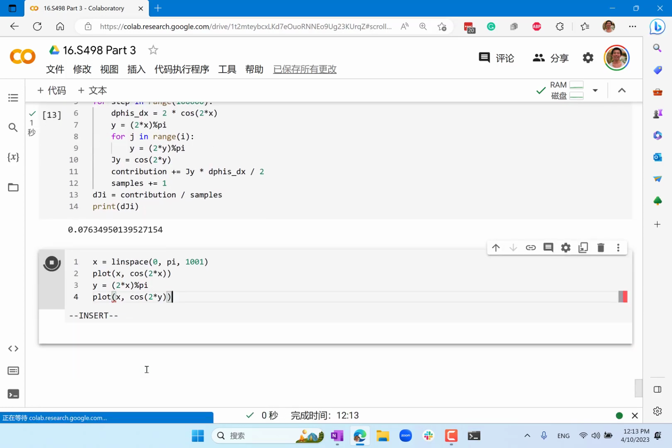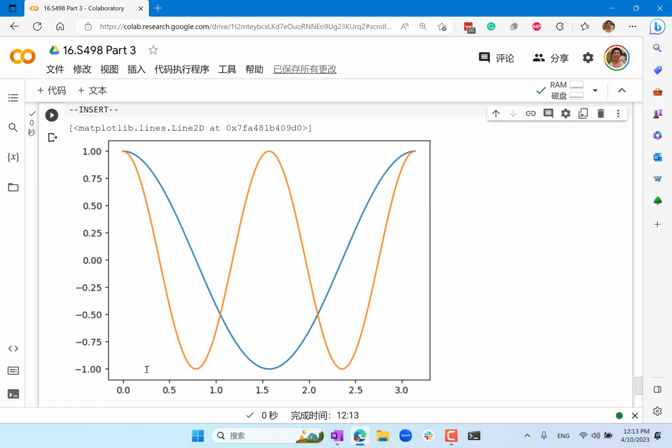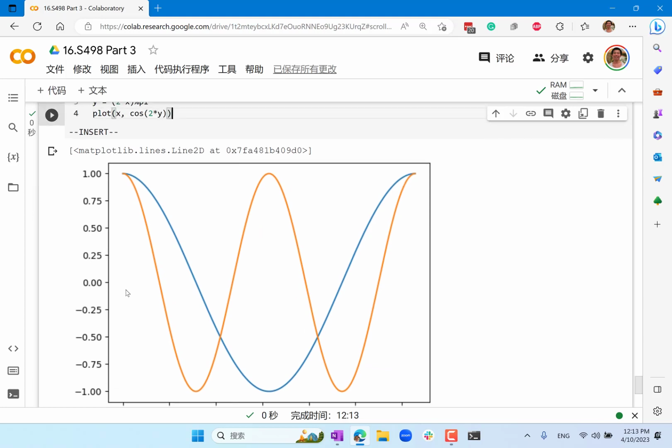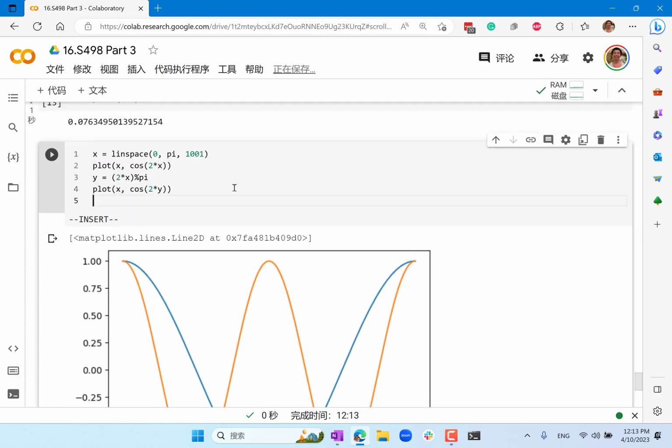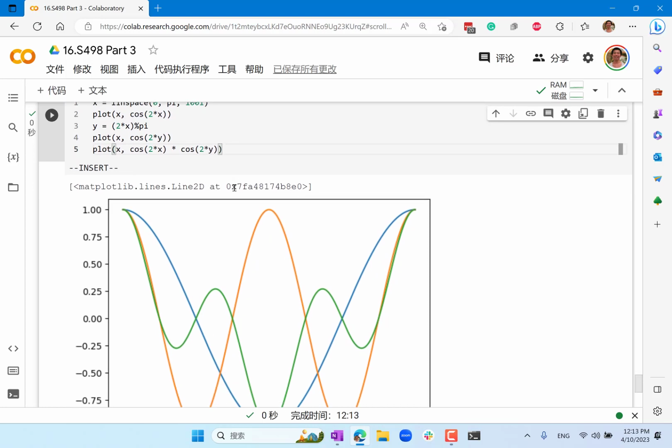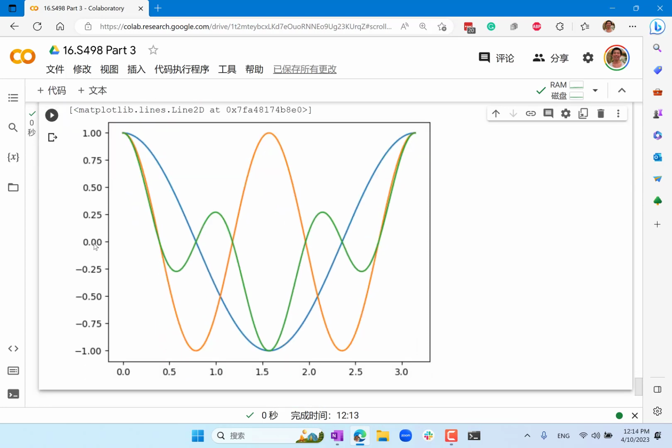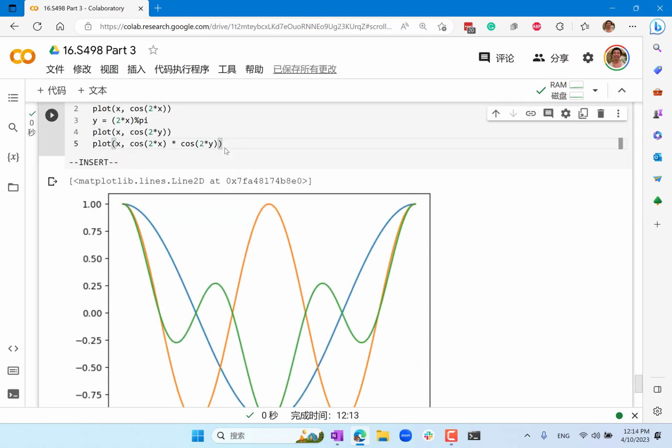You should see that they are exactly decorrelated, in the sense that the integral of their product should be equal to 0, right? So if you plot cosine 2x times cosine 2y, you should get the green function, which actually sums up to pretty much 0.